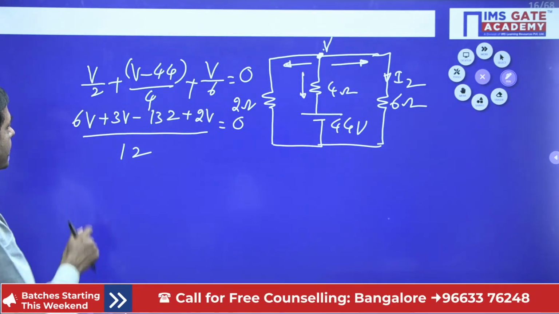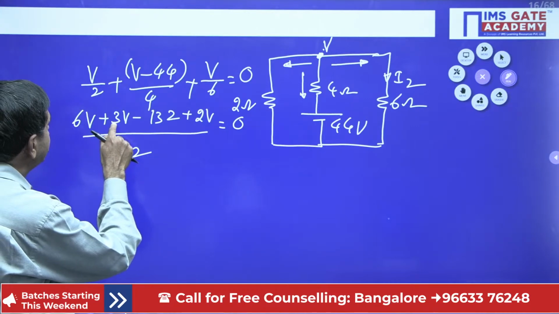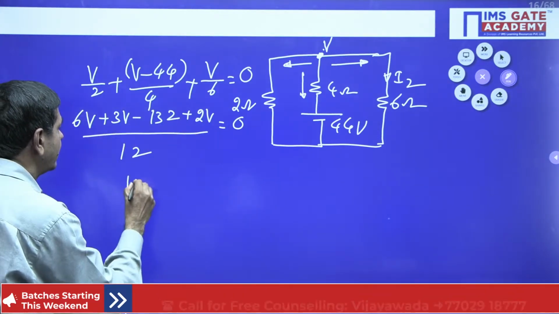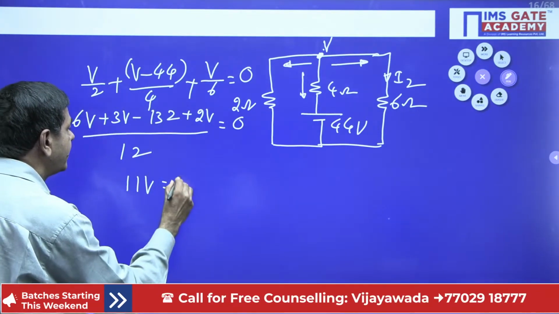How many V's are we getting? 6V, 9, 11V. This is equal to 132.